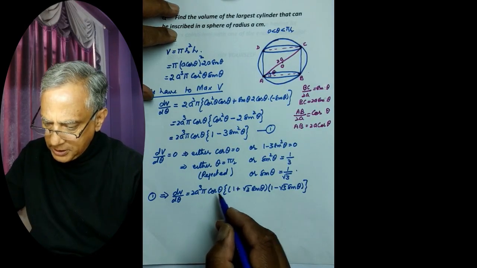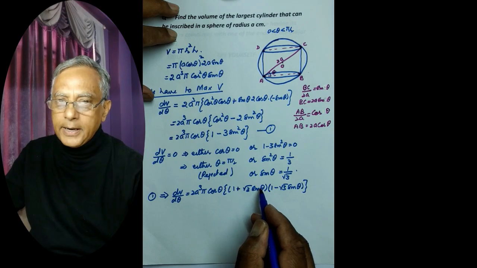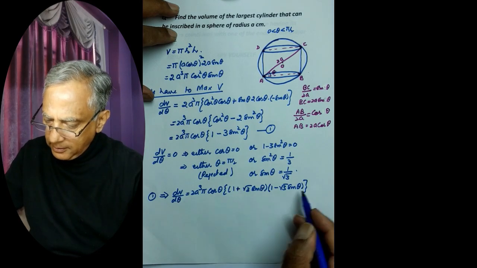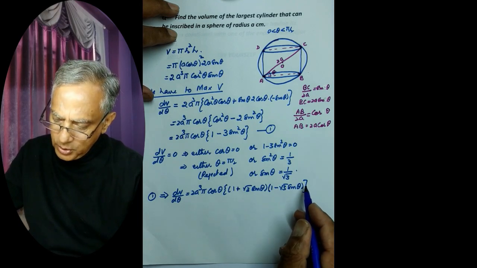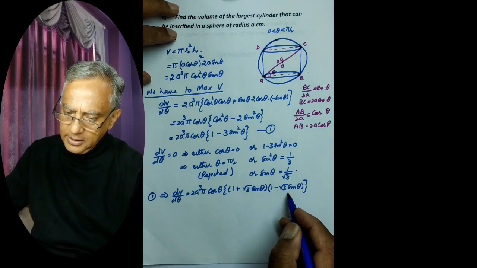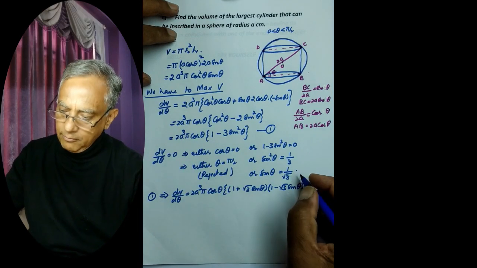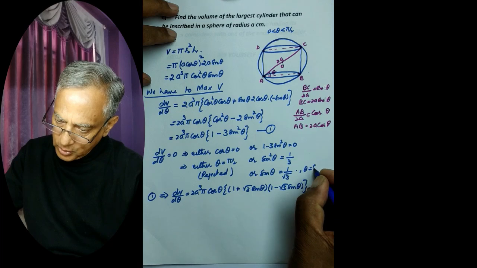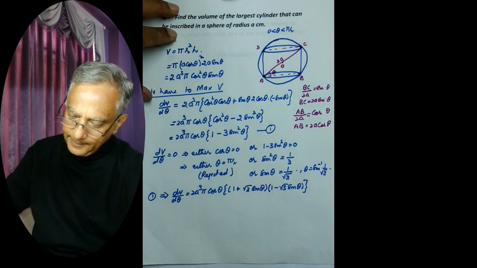Therefore this is positive, this is also positive. Sine theta is positive in the first quadrant. So the sign of dV by d theta will depend only on this. We use the first derivative test to check whether this is a point of maximum or minimum. Theta is equal to sine inverse 1 by root 3.